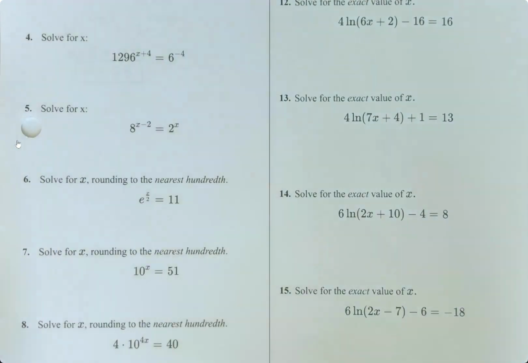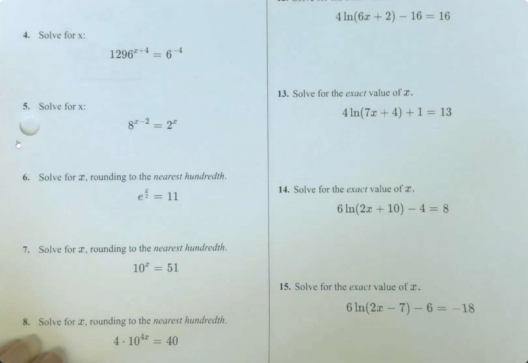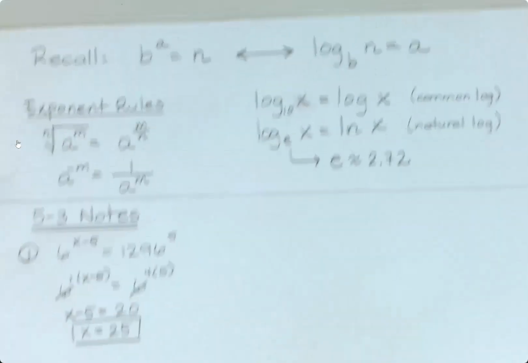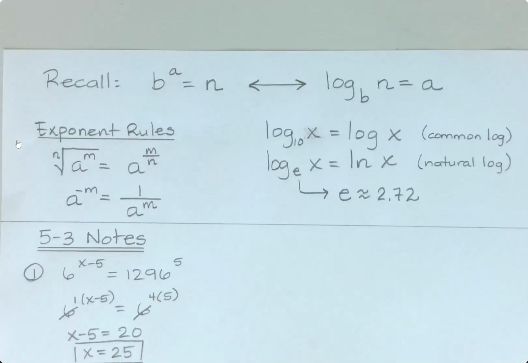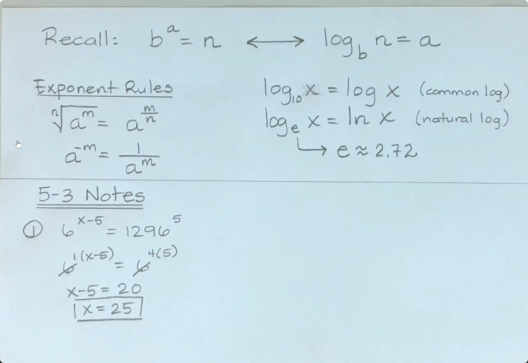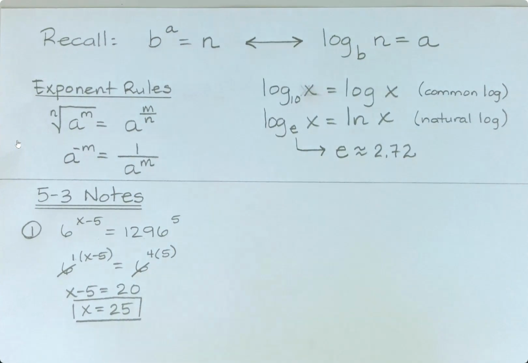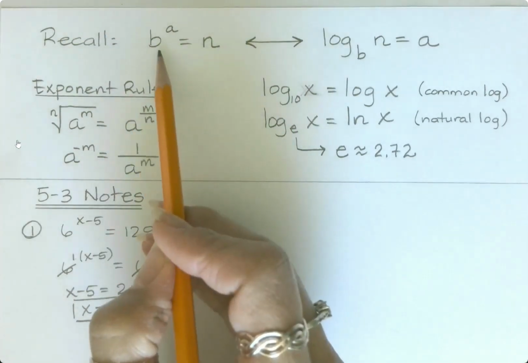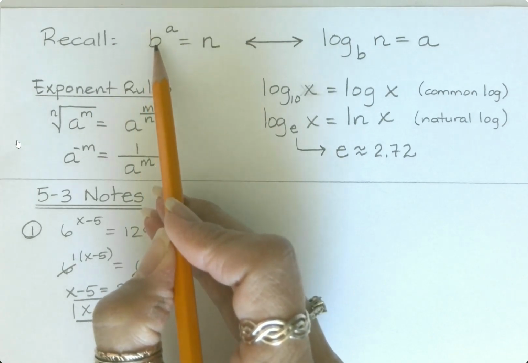Now, before I dive into those type of problems, let's review a few things that we have covered so far, okay? Now, remember in the first section of our unit, we first learned how to rewrite exponential functions into log functions and vice versa. So the most basic exponential function will always have a value here.